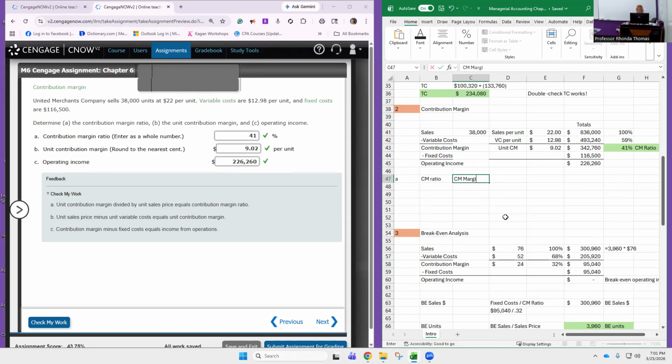I'm just showing you another way you can get it. Total contribution margin dollars divided by sales.